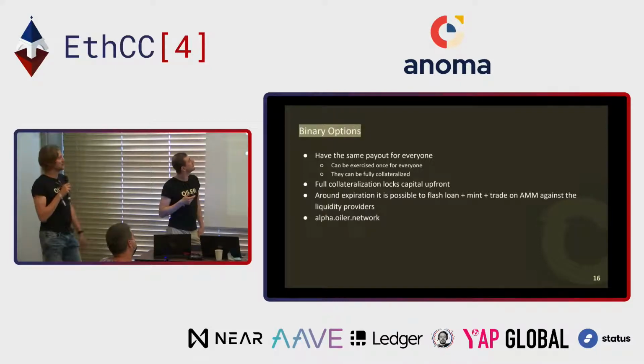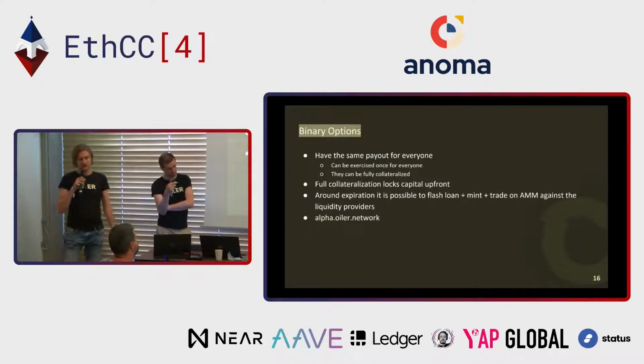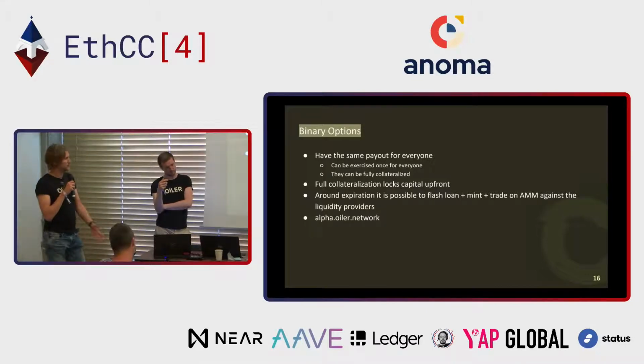They're all exercised. Also, binary options can be fully collateralized, which means that for one option, for example, there is $1 collateral and you have no risk of overpaying if you just pay this $1. But also there are cons. For example, this fully collateralized approach requires locking capital up front.